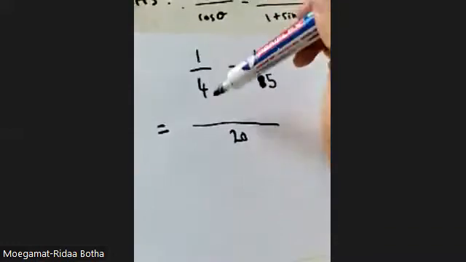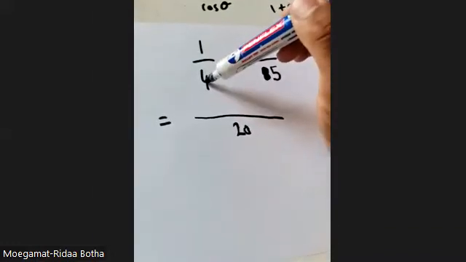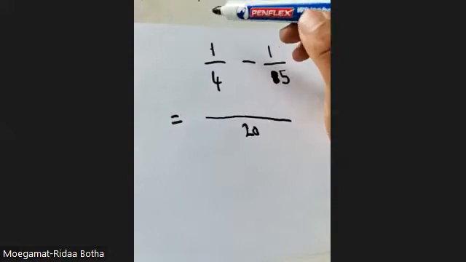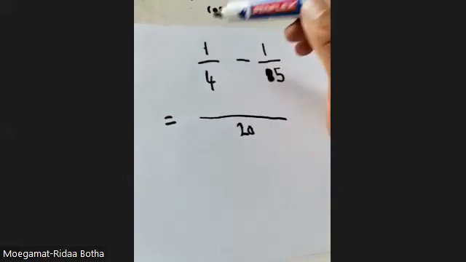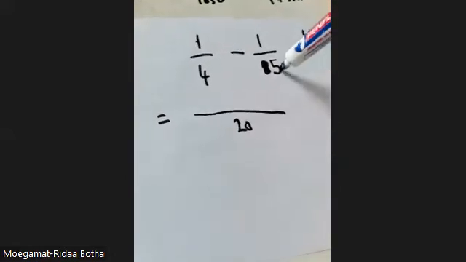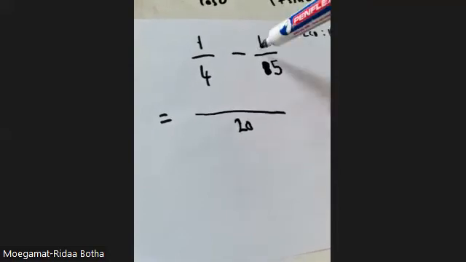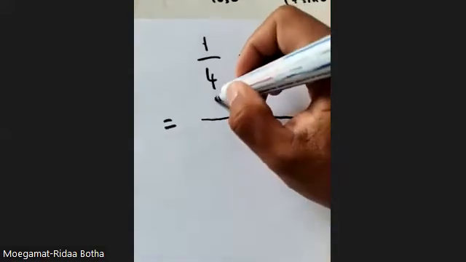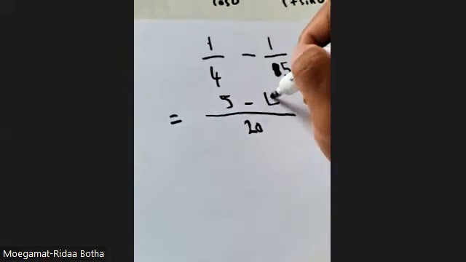So you see 20 divided by 4 times 1, and for this one, 20 divided by 5, which is 4, times 1, which is 4. So you got 5 minus 4.